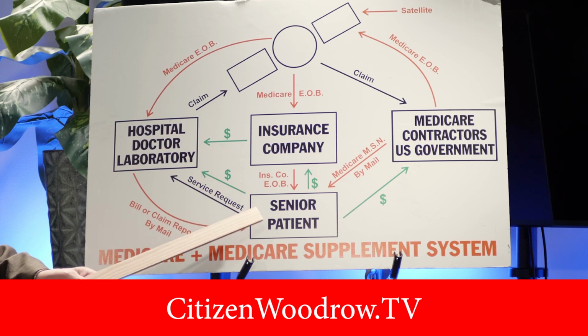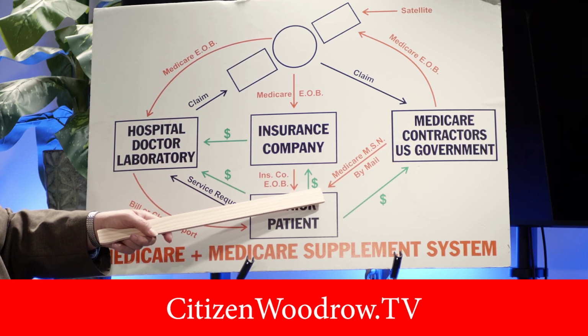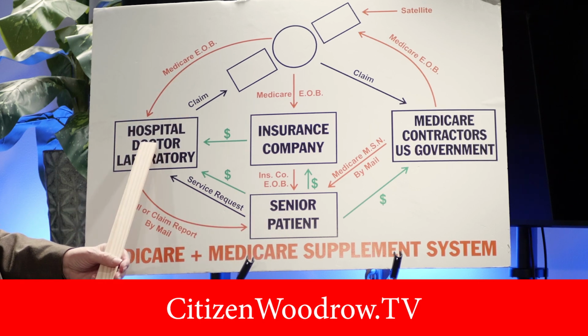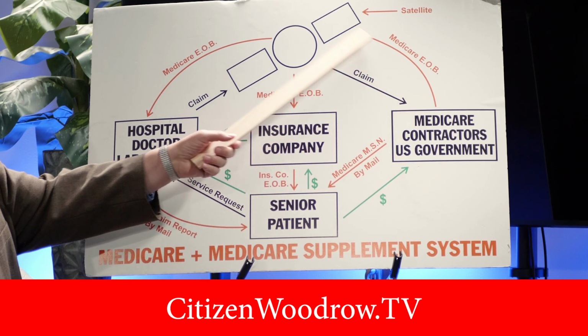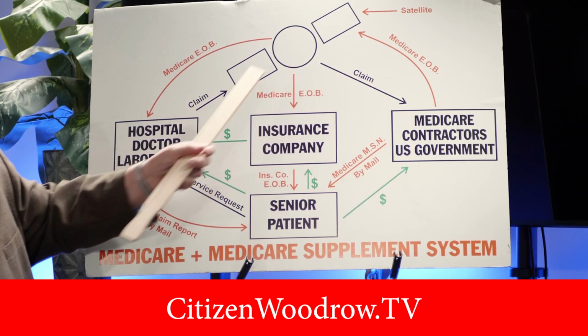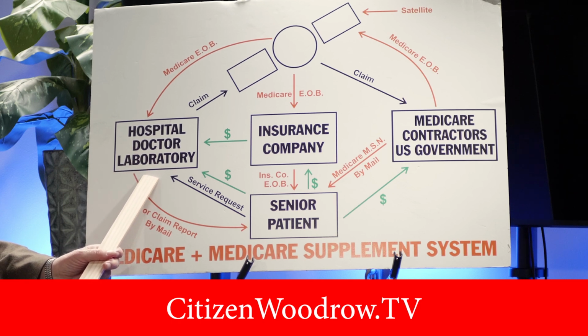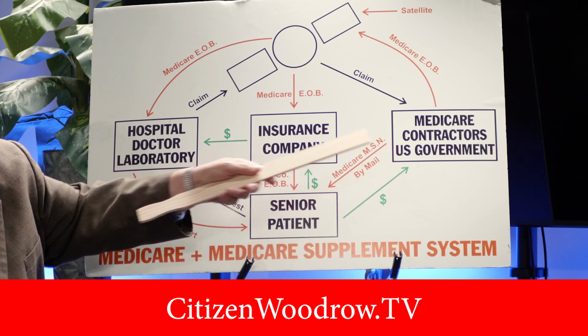That problem I was able to help straighten out by simply getting a copy of the Medicare summary notice of the senior citizen to the hospital, doctor, laboratory, or otherwise saying, no, look, you got the Medicare EOB from Medicare. I want you to send the original billing information about your claim with the Medicare EOB that you got.